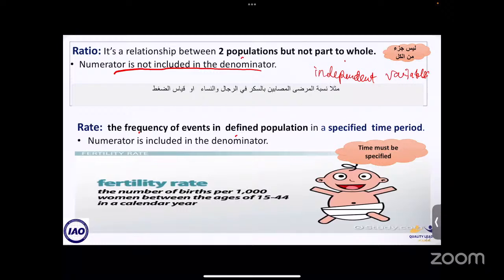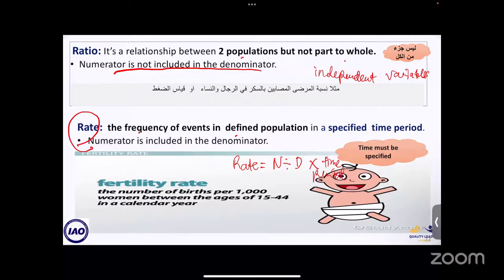So when a time period is specified, it is no longer called a proportion, but a rate. The formula for rate is the numerator divided by the denominator over time period.